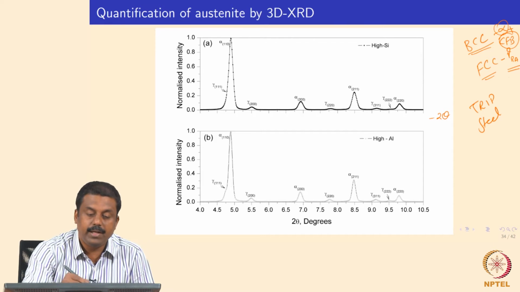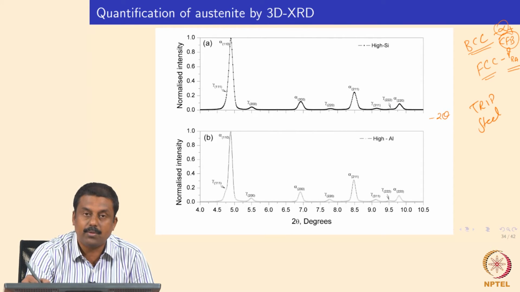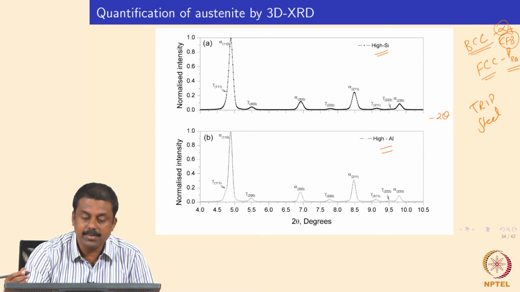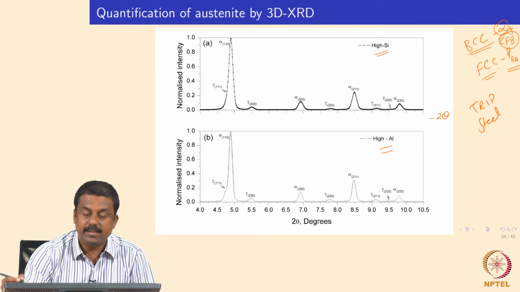And these two phases would give you the diffraction patterns shown in this figure. For example, I put two diffraction patterns of high silicon and high aluminum TRIP steels which contain mixtures of ferrite and retained austenite, BCC and FCC.